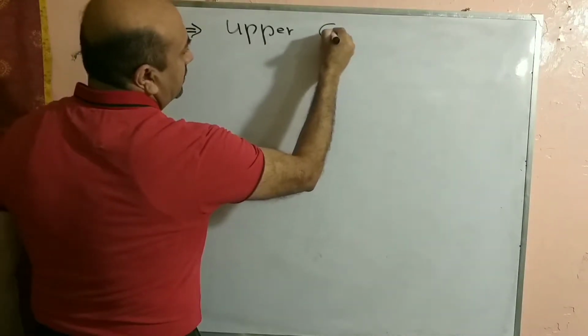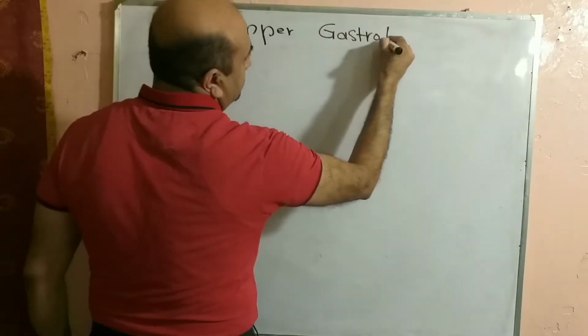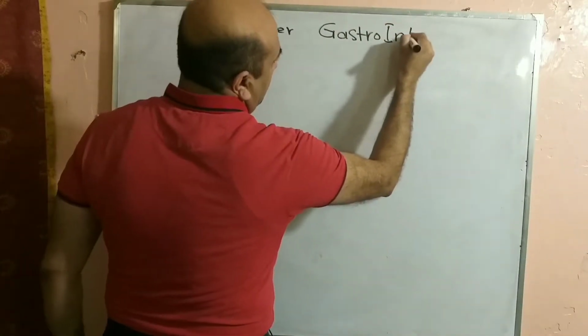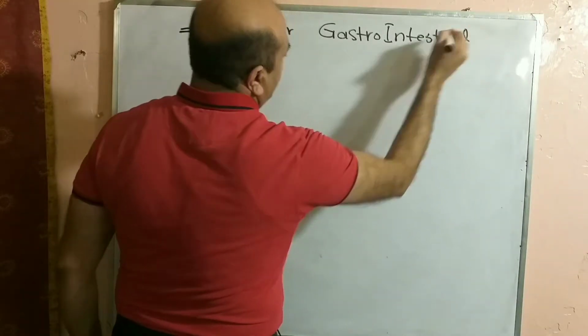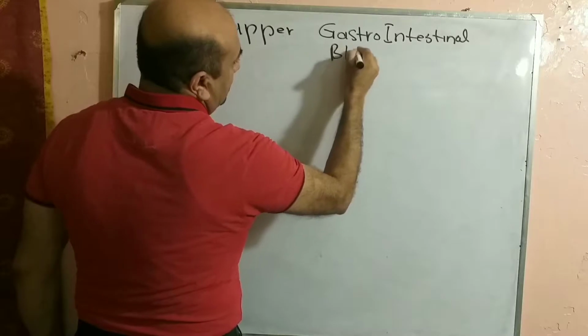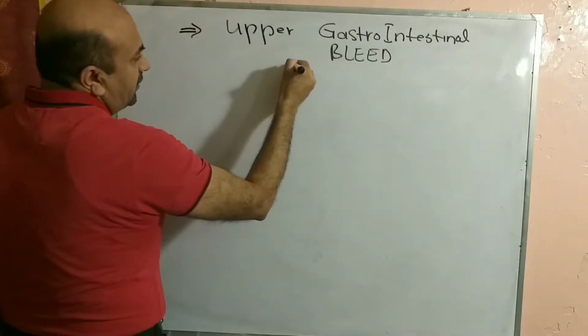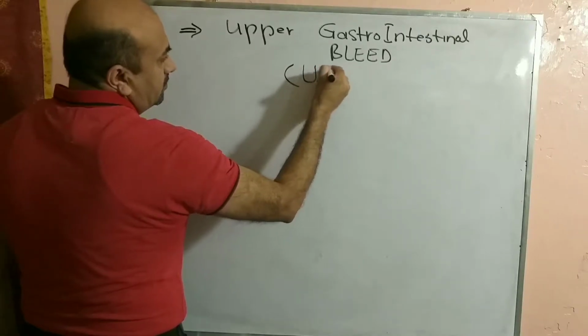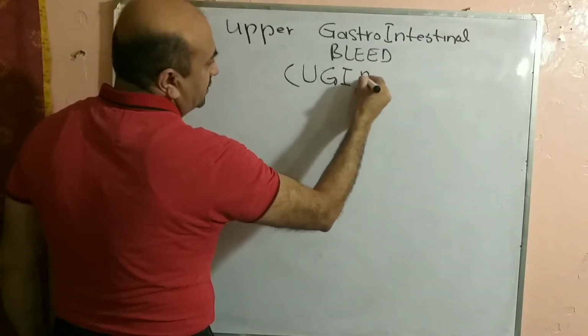Upper gastrointestinal bleed. In abbreviation, we write it as UGIB.